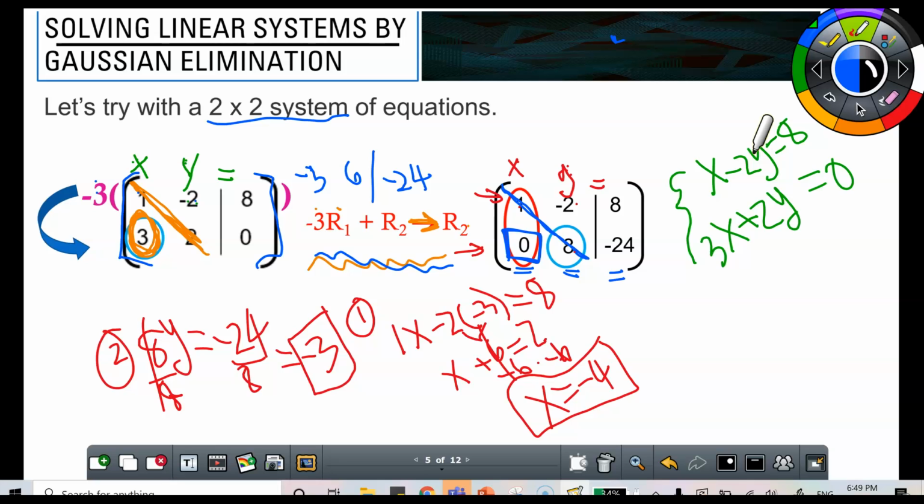So, did I do anything wrong? Let's plug it in and check. Okay. X equals -4. Y equals -3. I got something wrong here. Let's solve the equation.